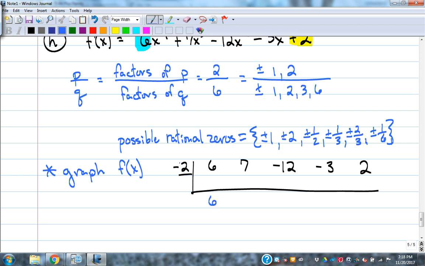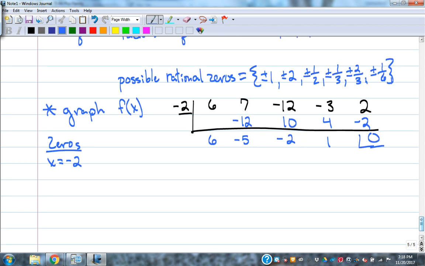Running that through. 6. What do you know? The remainder is 0. So our zeros, got x equals -2.